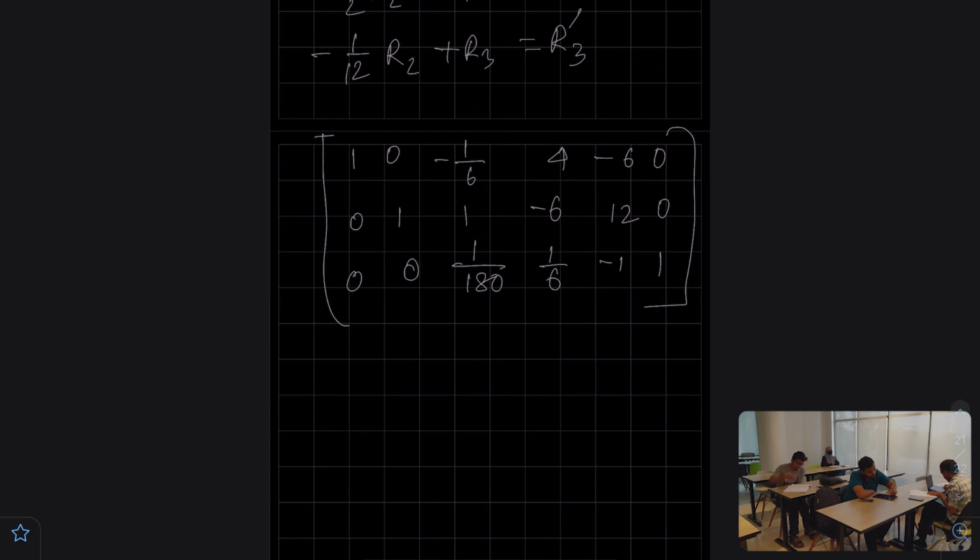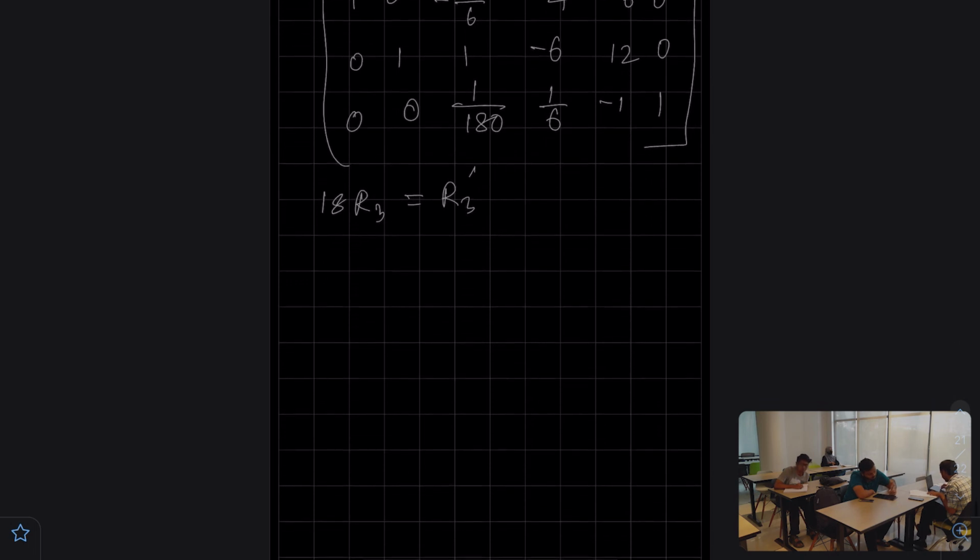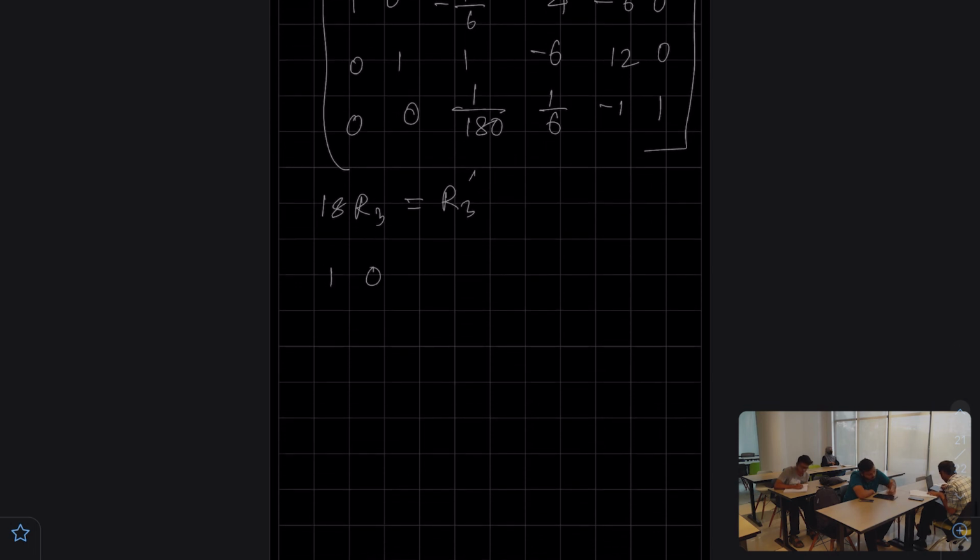Finally, I can multiply the third row by 180: 180 R3 equals R3 prime.